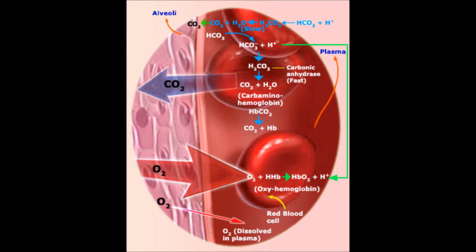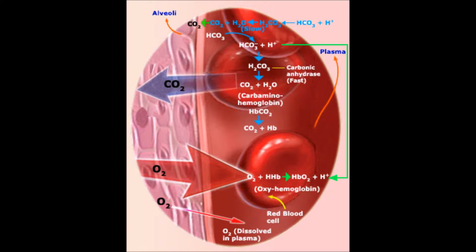So when we need to increase carbon dioxide removal because potentially we're producing too much acid, we will then increase respirations. There's an area in the brain called the chemosensitive area, and this is constantly monitoring the hydrogen and the carbon dioxide.